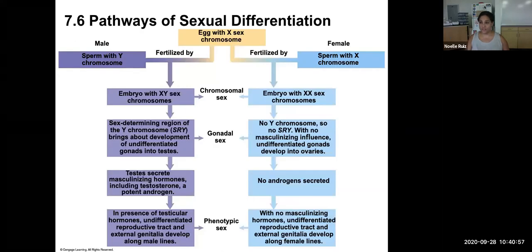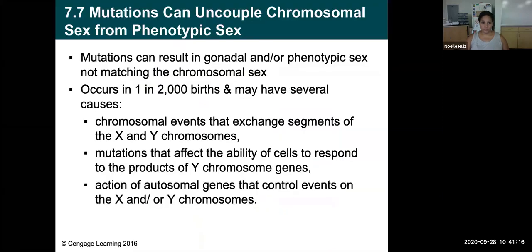There's the different steps of sexual differentiation. There's a lot of steps that need to go just the right way to become either male or female. You've got the chromosomal sex, the gonadal sex, and the phenotypic sex. But mutations can result in gonadal and/or phenotypic sex not matching the chromosomal sex.